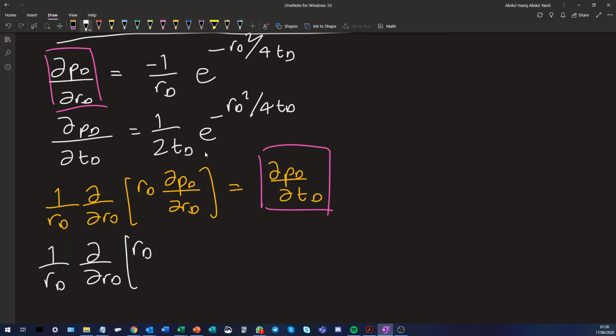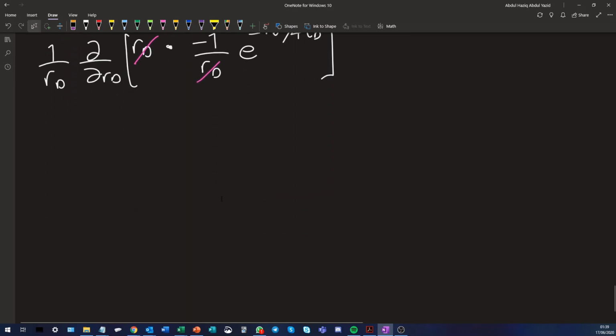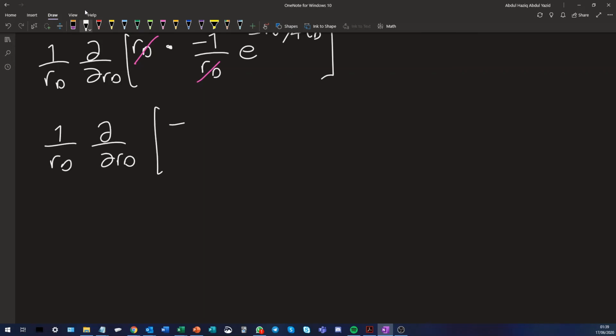So we have an r sub d here, and this is negative 1 over r sub d, e to the negative r sub d squared over 4 t sub d. So let's see what cancels out. These already cancel out, the r sub d terms. So what we're left with is 1 over r sub d, ∂ over ∂r sub d, of negative e to the negative r sub d squared over 4 t sub d.